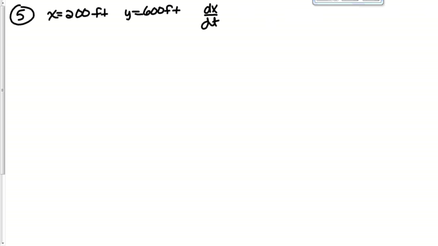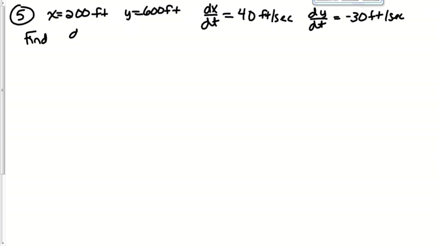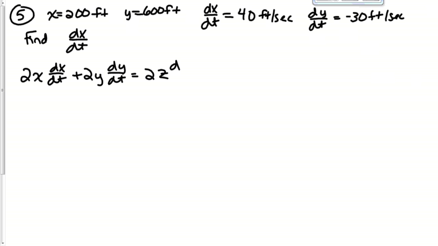From the front, I knew that dx/dt was 40 feet per second, and I knew that dy/dt was negative 30 feet per second, and I need to find dz/dt. I'm also going to write down my derivative that I had found from the front, 2x dx/dt plus 2y dy/dt is equal to 2z dz/dt.